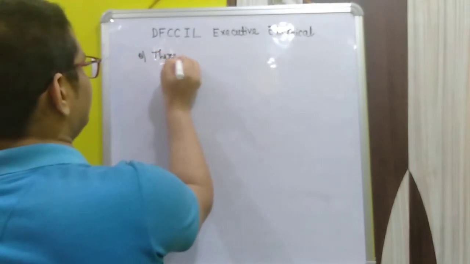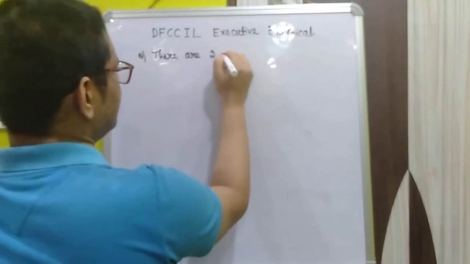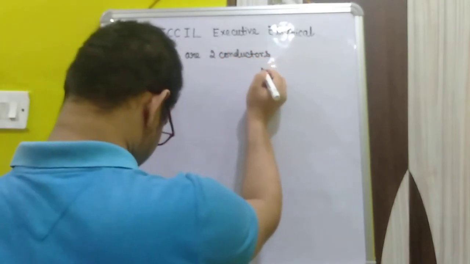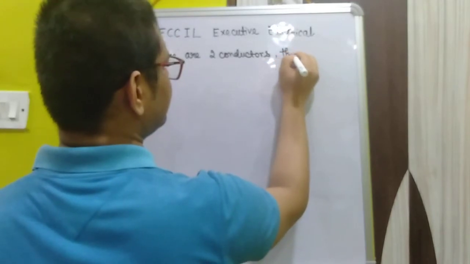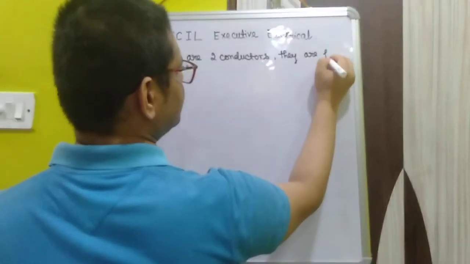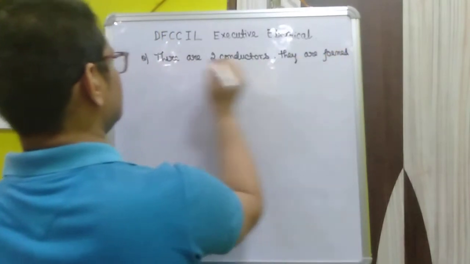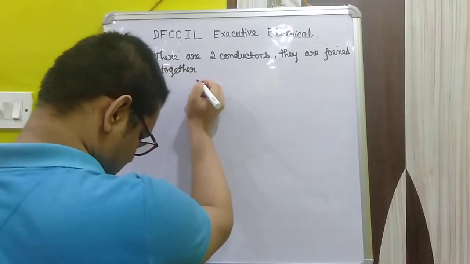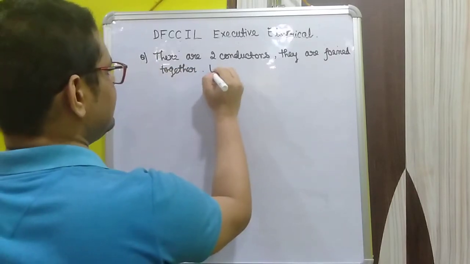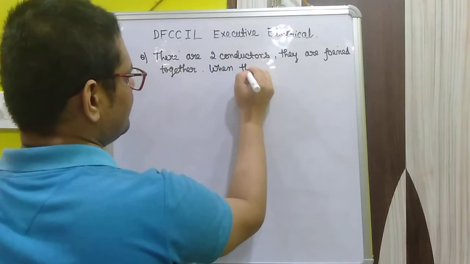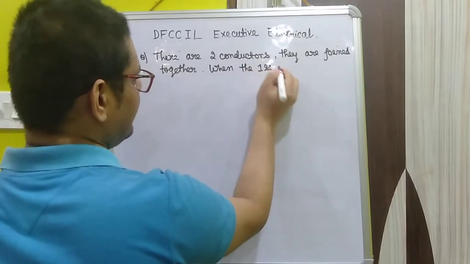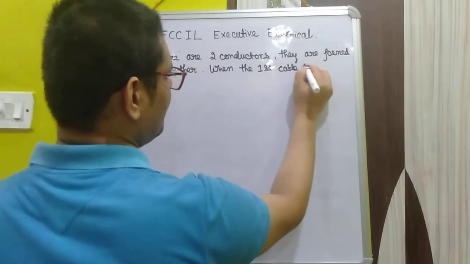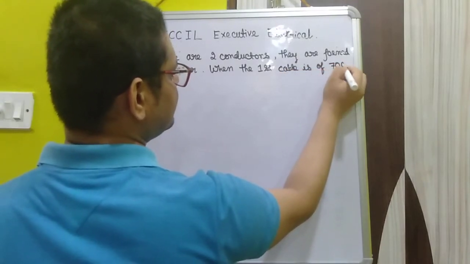There are two conductors, and they are joined together. The first cable is of 700 meter length.